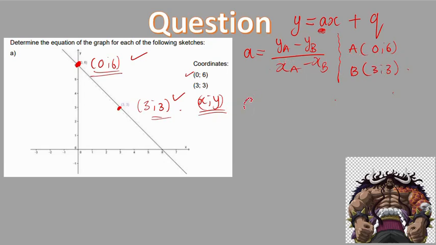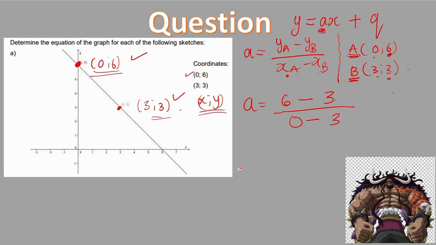Then you substitute. You say a is equal to, what is your y at A? You go to A and the second value, that's your y value. So 6 minus, because we have a minus here, you want your y at B. So you go to coordinate B, you look at the y value, that is 3. Then for x at A, you go to coordinate A, the first value, that's 0. And then you want x at B. It means you go to coordinate B, the first value, that's 3.